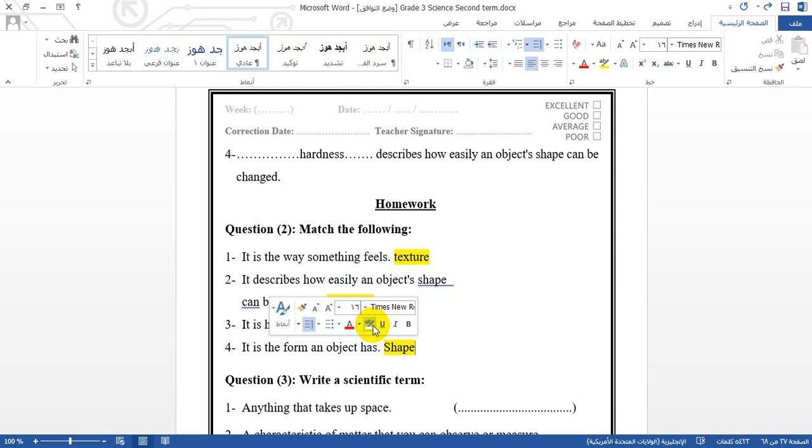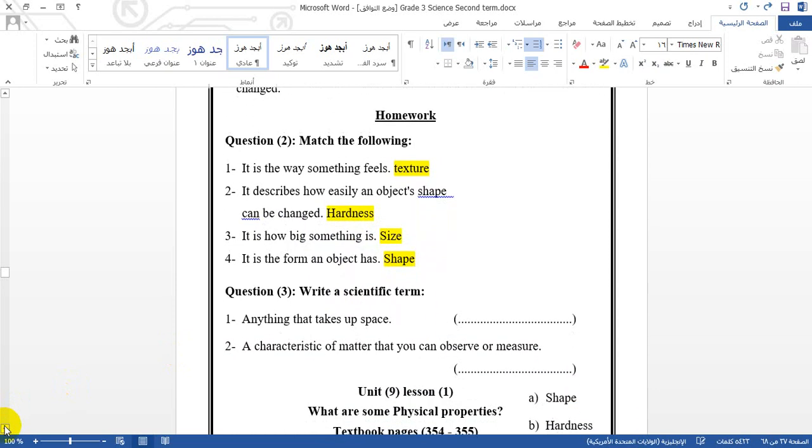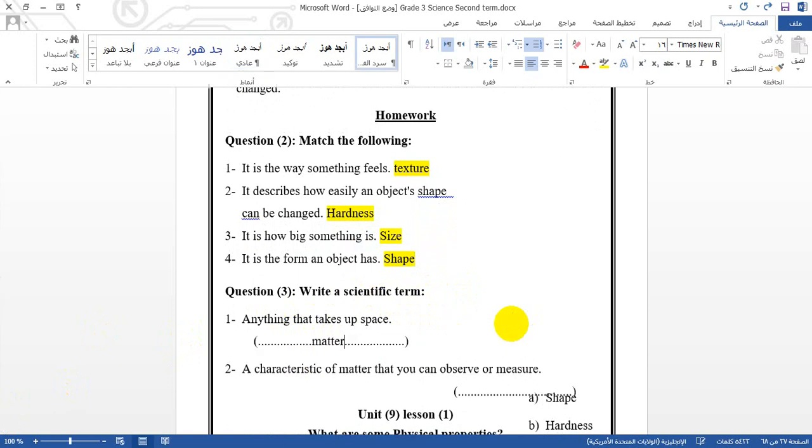Now, the last question on page 34. Question number 3: write a scientific term. Anything that takes up space, I told you many times, is matter. Okay guys, a characteristic of matter that you can observe or measure is what exactly? It is property.